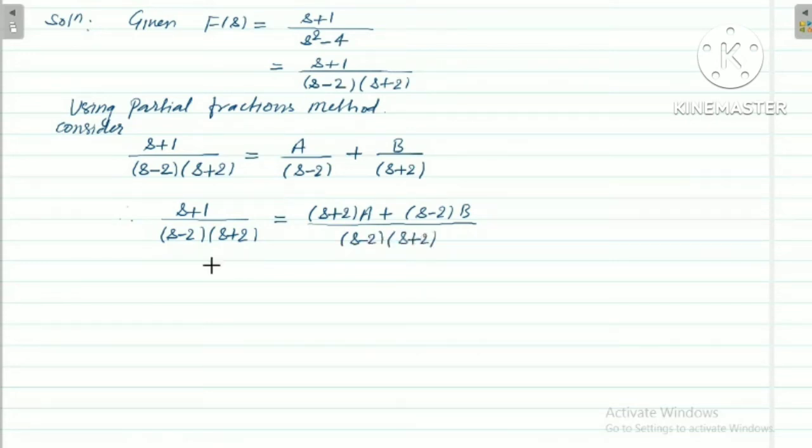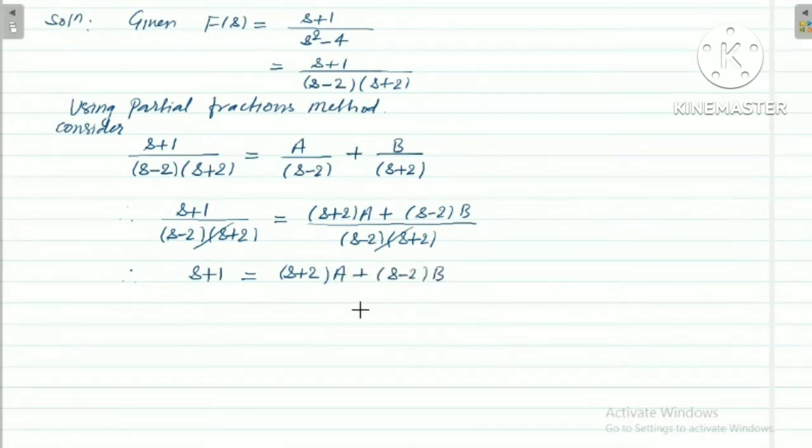Observe that the denominator on the left-hand side is the same as on the right-hand side, so the denominators cancel. What remains in the numerator is s plus 1 equals A(s plus 2) plus B(s minus 2).